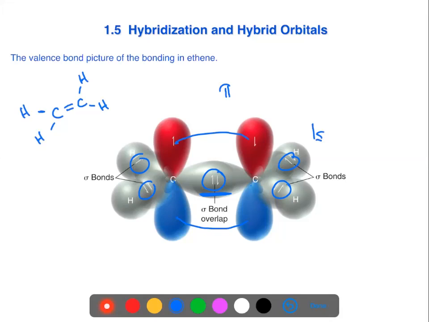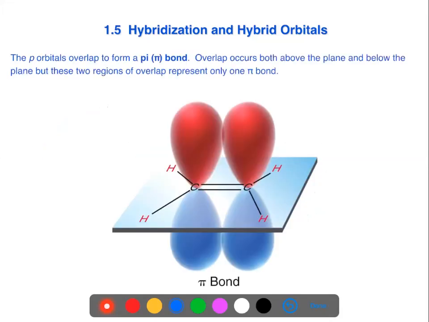So that's the valence bond picture of the bonding in ethene. And as I've just mentioned, the p orbitals overlap to form what we refer to as a pi bond. And overlap occurs both above and below the plane. So we see overlap in this region as well as in this region.